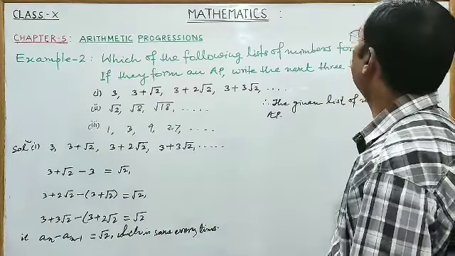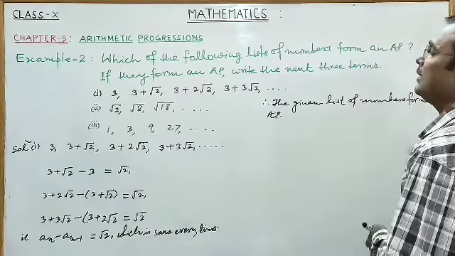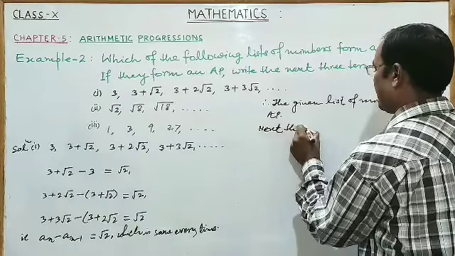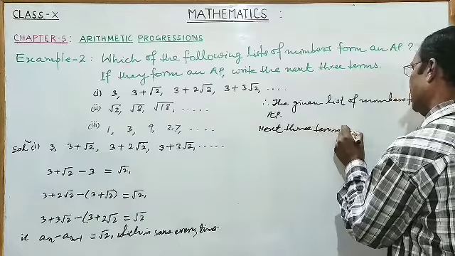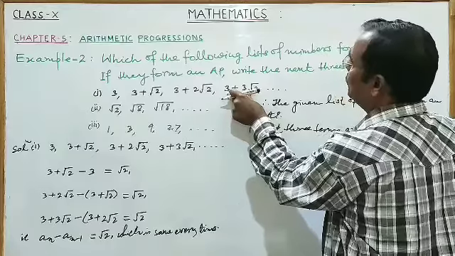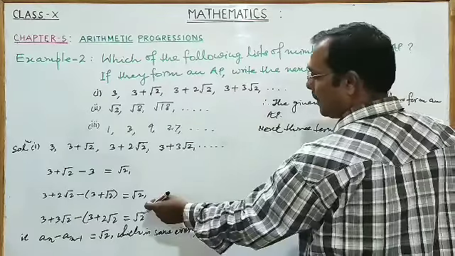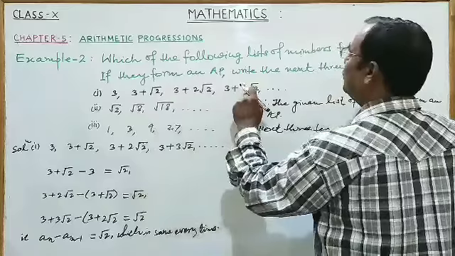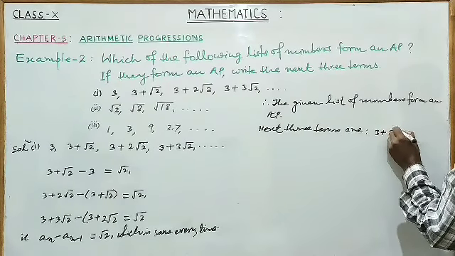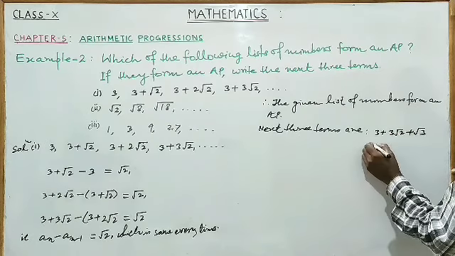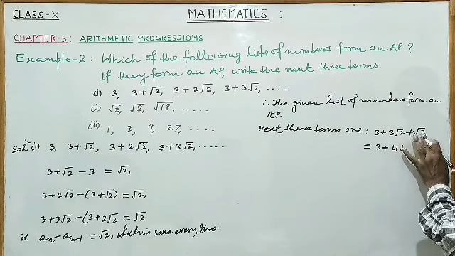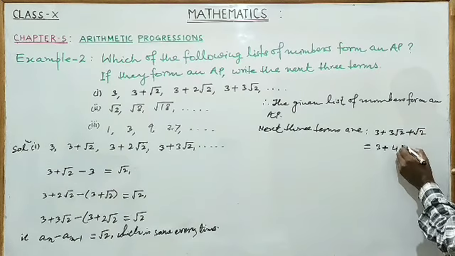Now we have to find the next three terms of this AP. So the next three terms are, see this term 3 plus 3 root 2. The next term will be obtained by adding root 2 to this term. So it will be 3 plus 3 root 2 plus root 2, which is 3 plus 4 root 2.